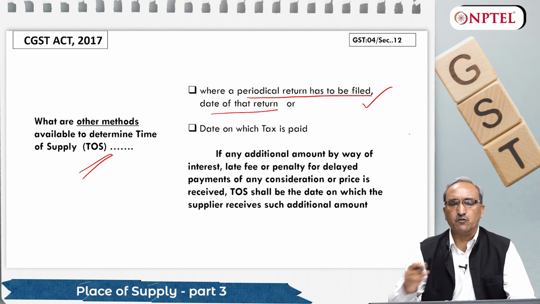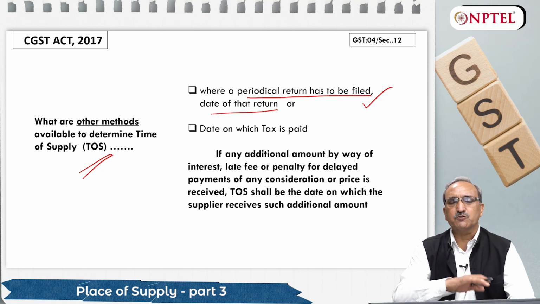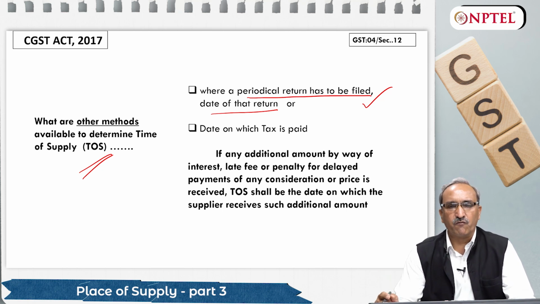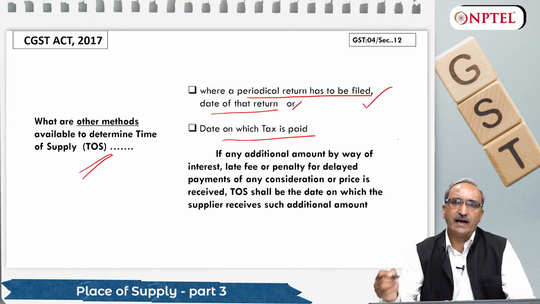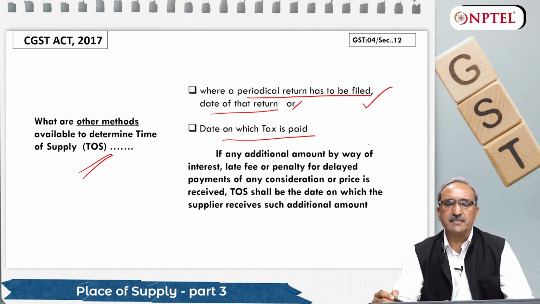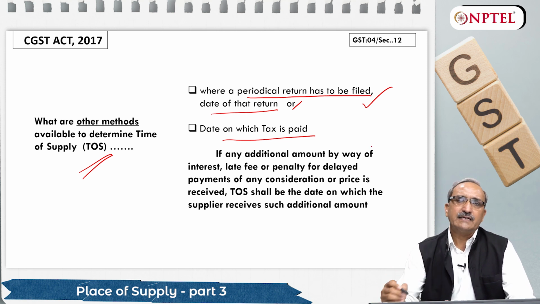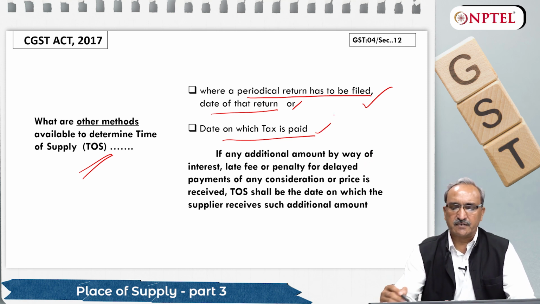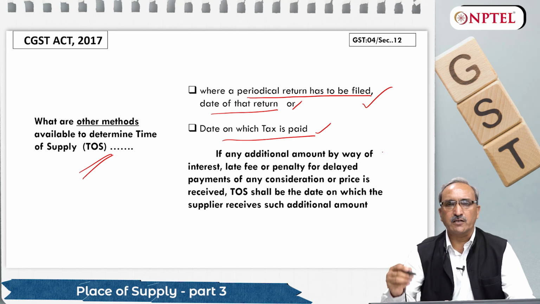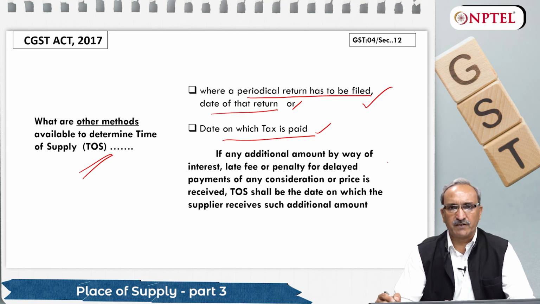So whatever I have done in April, I am supposed to pay tax by the 20th of May, or the date on which tax is paid. Or if I have paid tax before the 20th, before the filing date, say on the 15th by filing GSTR-3B, that date, whichever is earlier, is the point of time for payment of taxes. That is the point of supply.